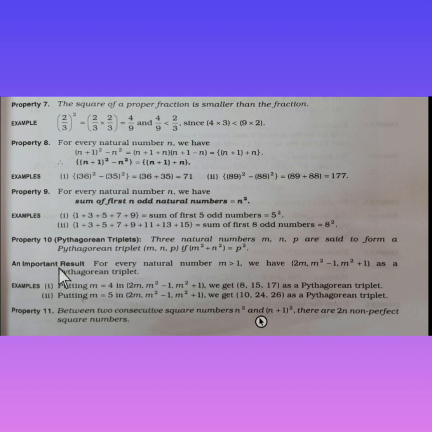Here we get one important result: for every natural number m which is greater than 1, not equal to 1, we have 2m, m square minus 1 and m square plus 1 as a Pythagorean triplet.